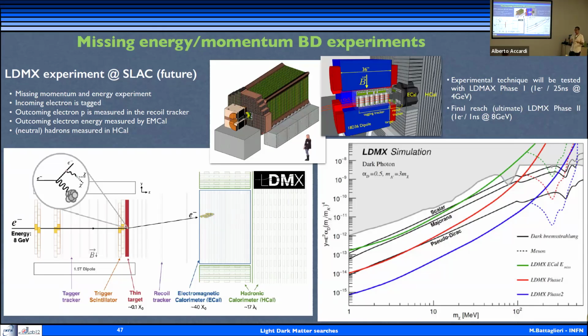So it means that if you want to reach a high number of electrons, you have to shoot a lot of electrons, quickly. You also have to be very quick in reconstructing your final state and be sure that you are not losing energy.